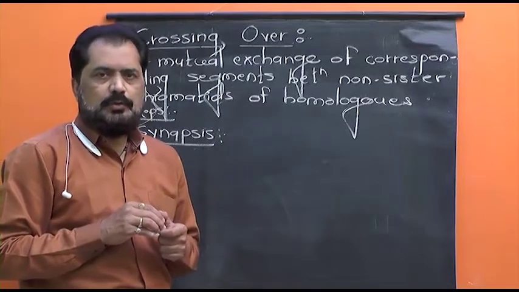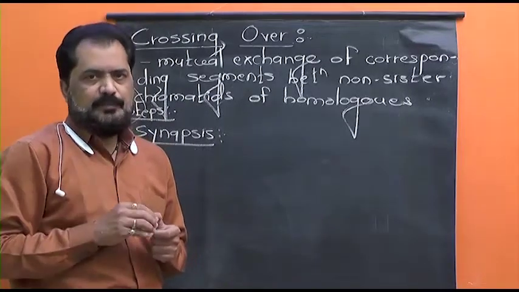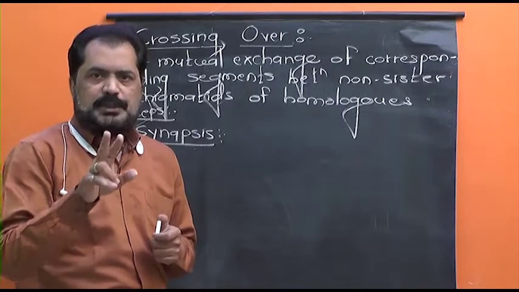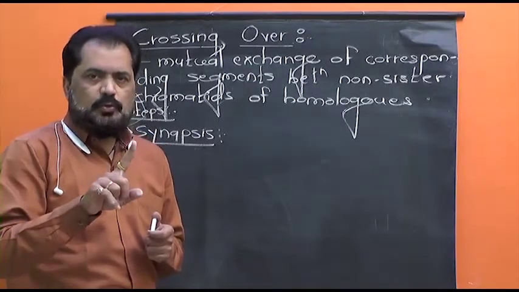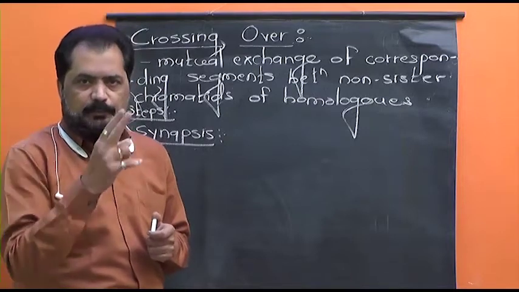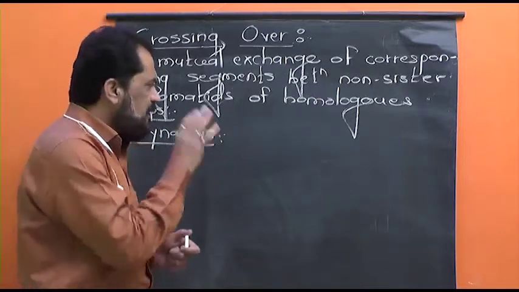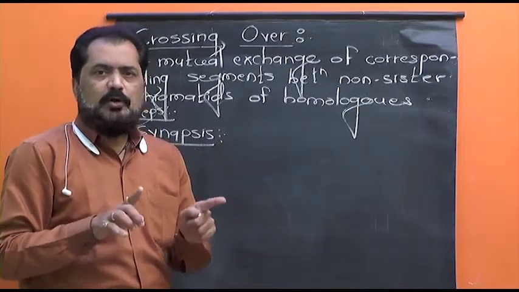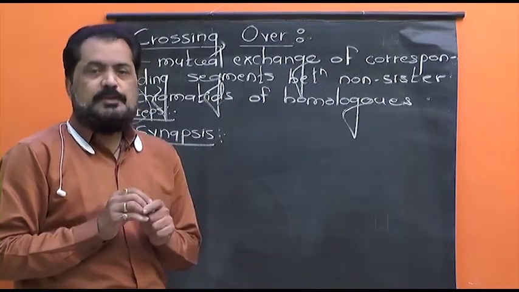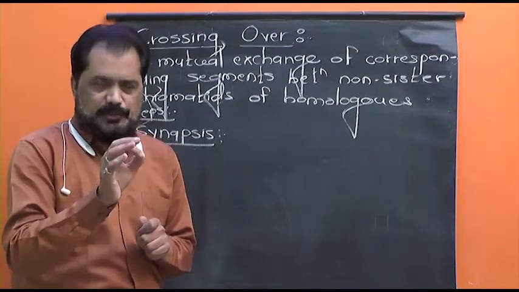All of you know that in a diploid cell there are two sets of chromosomes, and always each chromosome is in the form of a pair, and in synapsis it simply occurs the pairing of homologous chromosomes due to the synaptic forces.